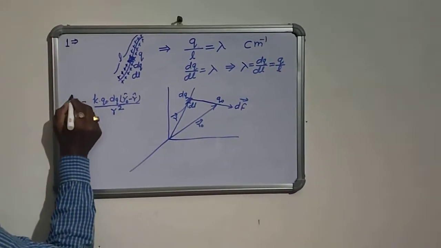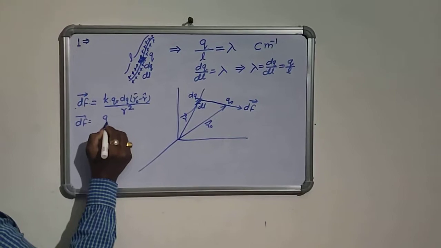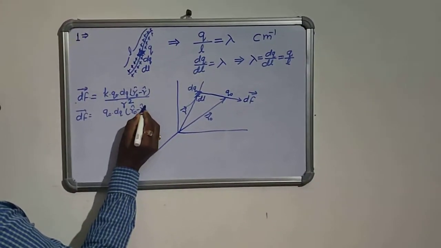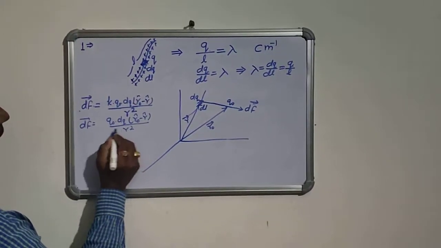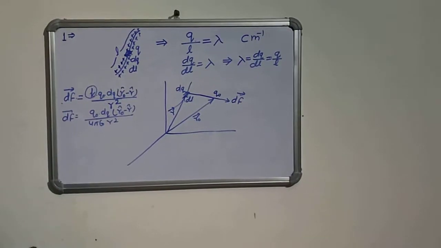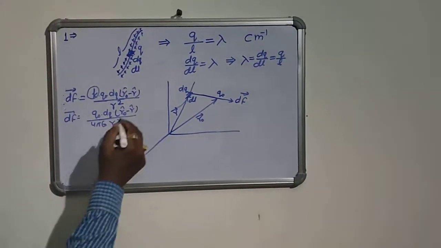This is the vector form, or in another form dF is q naught dq r naught cap upon r square 4 pi epsilon naught, because the value of k equals 1 upon 4 pi epsilon naught. This is for linear distribution.